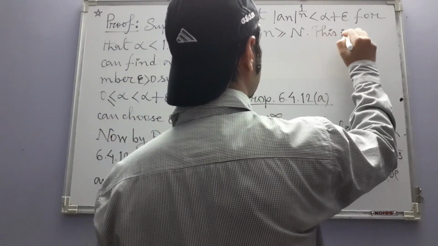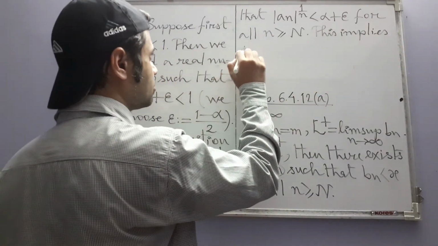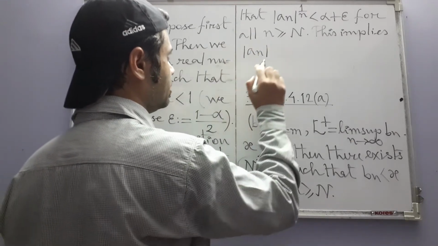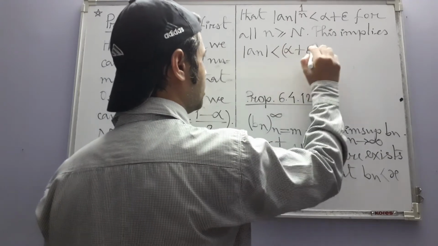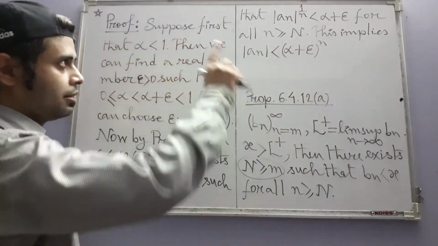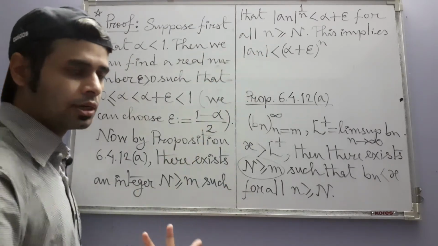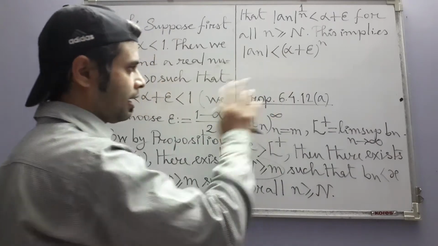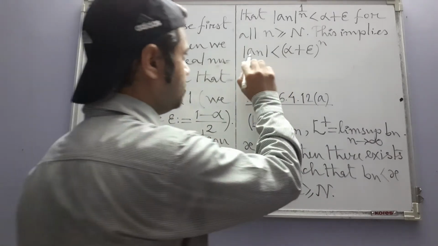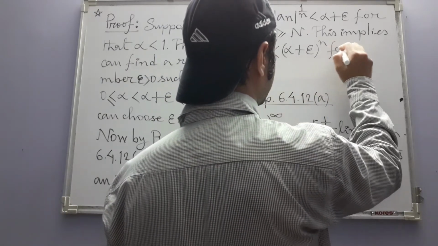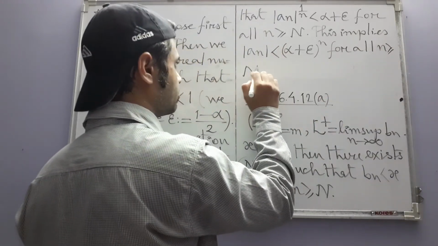This implies the absolute value of an is less than the nth power of, if we take nth power on both sides using the basic rules of exponents and along with inequalities, all these things we already got before. We get this for all n greater than or equal to n.